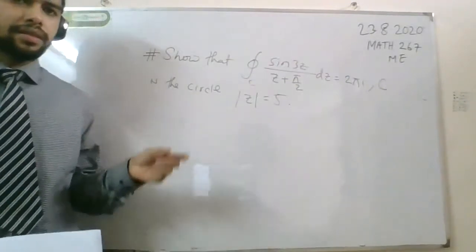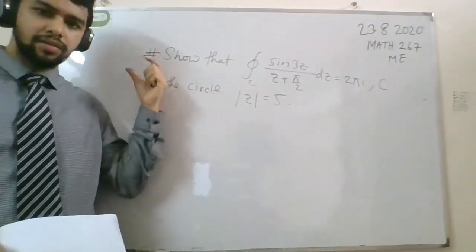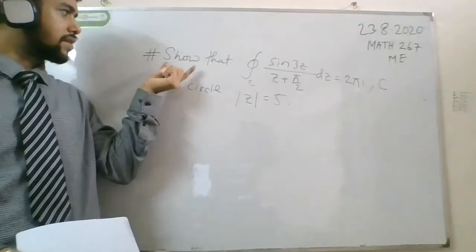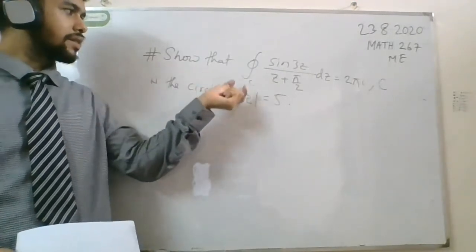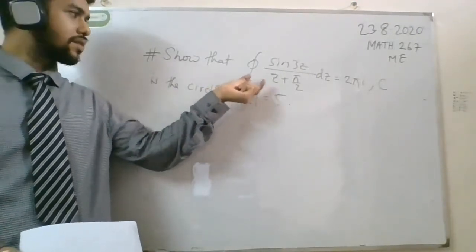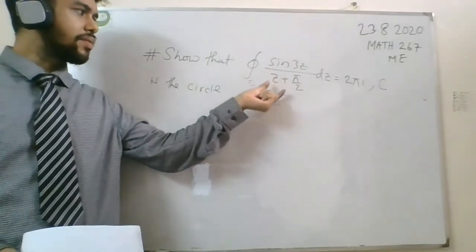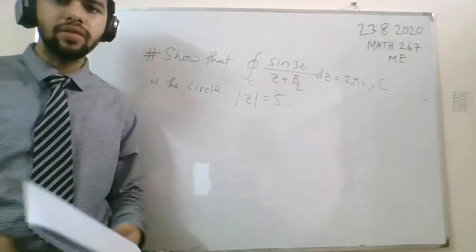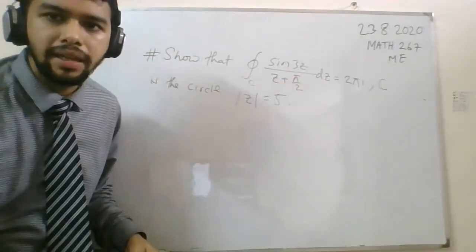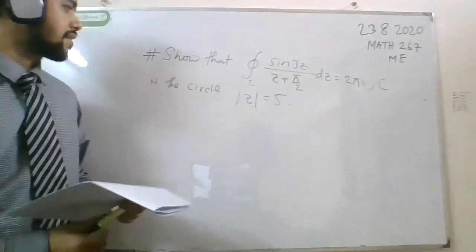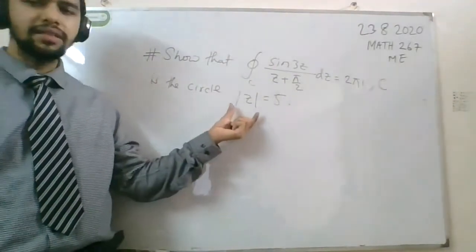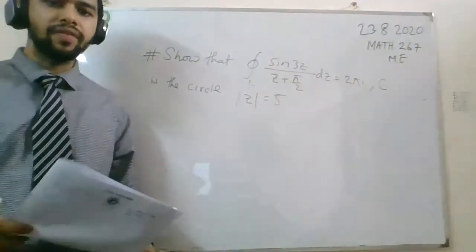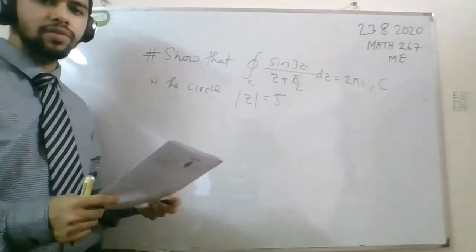So this is another method, but similar to our previous method, which is to show that the closed integral of sin 3z divided by z plus pi by 2 dz equals 2 pi i, where c is the circle |z| equals 5. So what do we have to do at first?